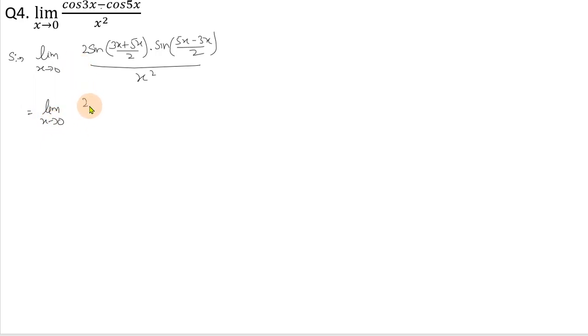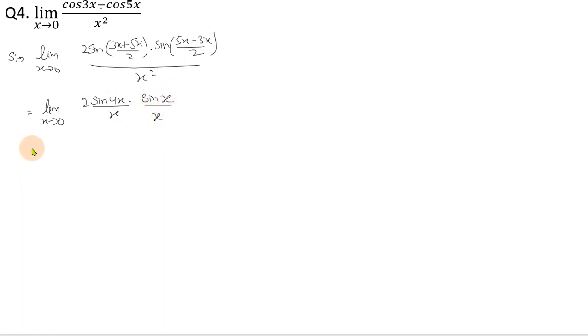now this is 2, this is 8x by 2, that is sin 4x, into this is 2x by 2, that is sin x. Now we have x square in the denominator, so we can split this x square as x into x, one x below sin 4x and one below sin x.